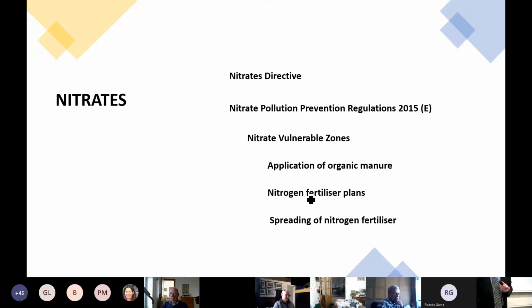Areas of the country are divided into nitrate vulnerable zones. In Wales, the whole country is a nitrate vulnerable zone. It deals with, for example, the application of organic manure, requires nitrogen fertilizer plans, and has rules about the spreading of nitrogen fertilizer.